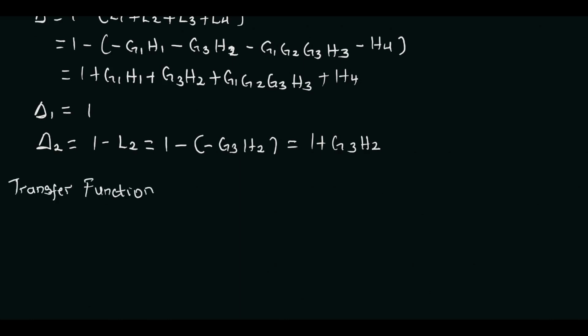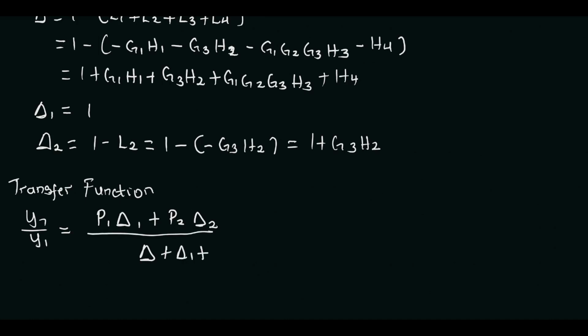So the transfer function, y7 over y1, equals P1 delta 1 plus P2 delta 2, over the total delta.